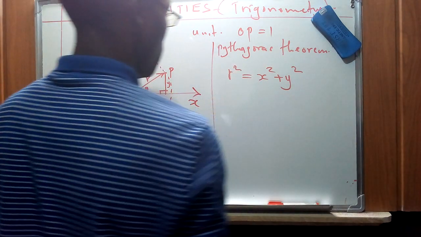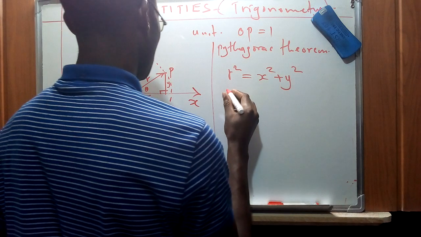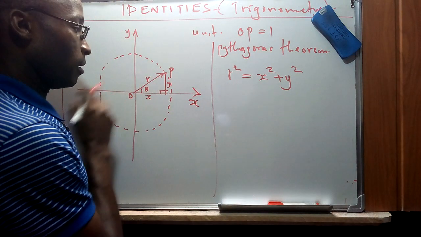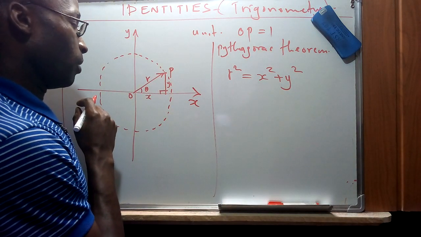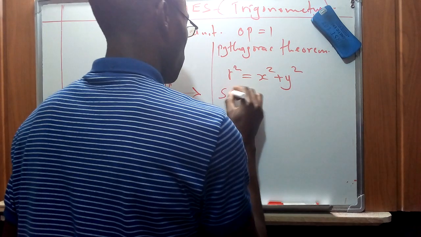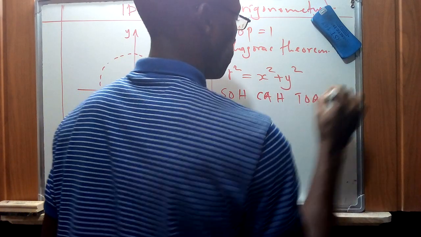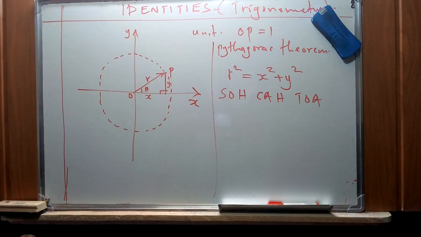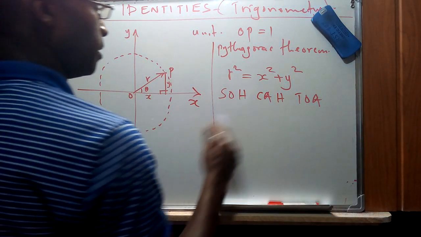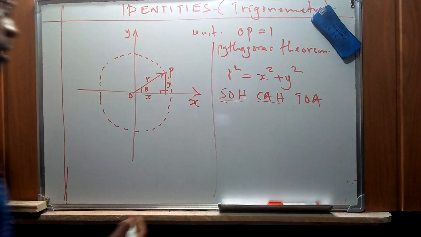We can illustrate this using the angle that has been formed, which is angle theta, using the acronym that we had mentioned when we were talking about trigonometry, in that we can describe it in the form of the sine, the cosine, and the tan of theta.